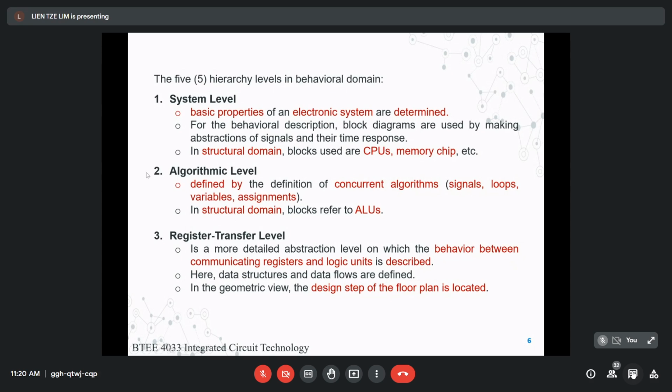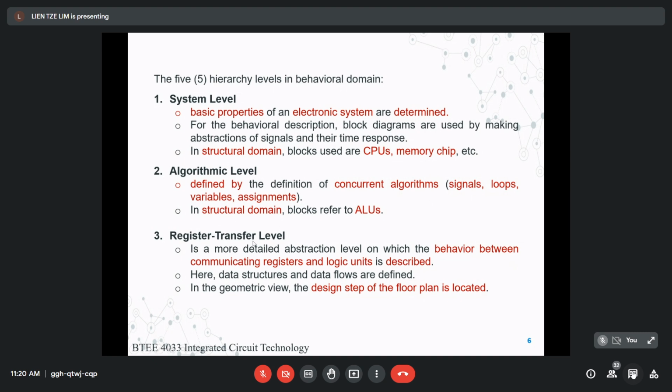For the algorithmic level, it is defined by the definitions of concurrent algorithms. This means the algorithms can be written or defined using signals, loops, variables, and assignments. In the structural domain, the blocks refer to the ALU.